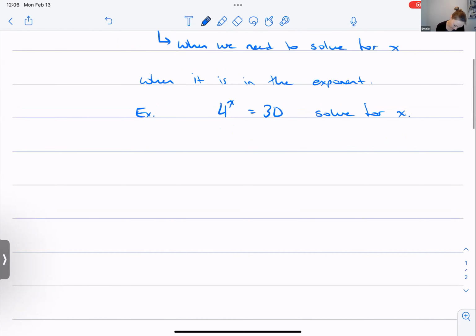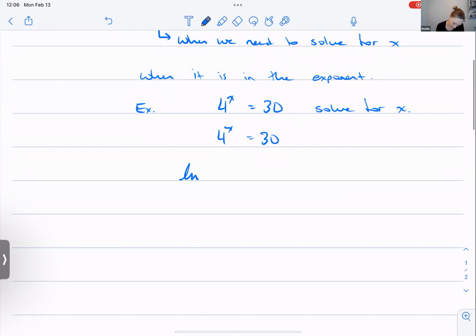So we have 4 to the power of x is 30, but when I take the log of both sides, the natural log of 4 to the power of x is the natural log of 30. You have to do it to both sides. Now, taking the log of something just generates a number. So the log of 30 is just a number, but we'll keep it as the log of 30 to keep it exact.